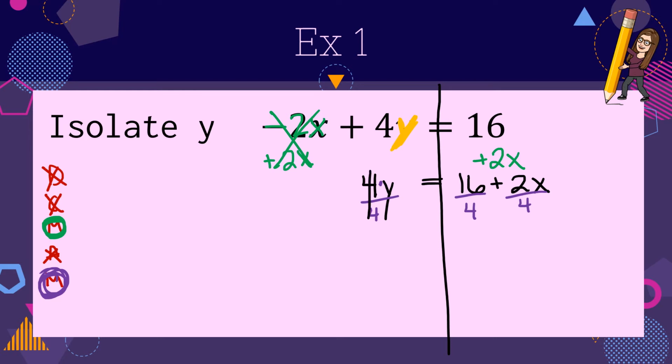These are opposite forces, so the y falls down. 16 divided by 4 is a nice clean 4. The plus sign falls down, but be careful here. This 2 over 4 is a fraction, and it's going to reduce down to a half. So we're going to leave it as 1/2, and then the x falls down, right? Because we didn't use that either. So we are going to have fractions, but they can just stay as a fraction.